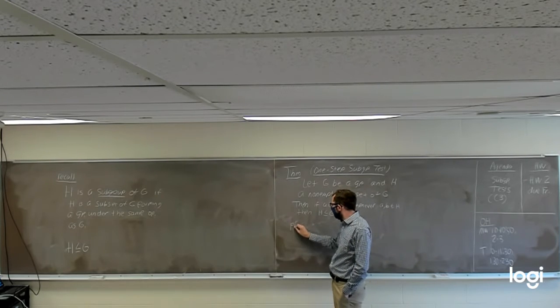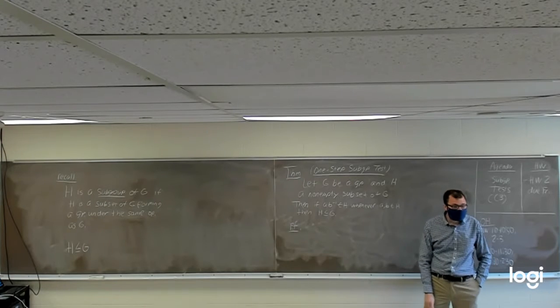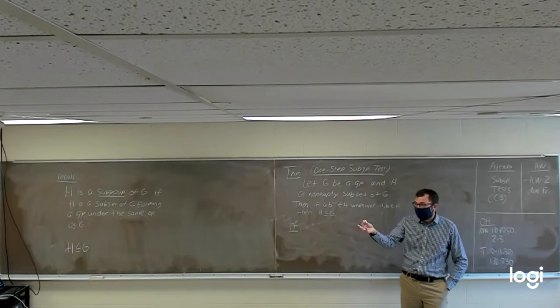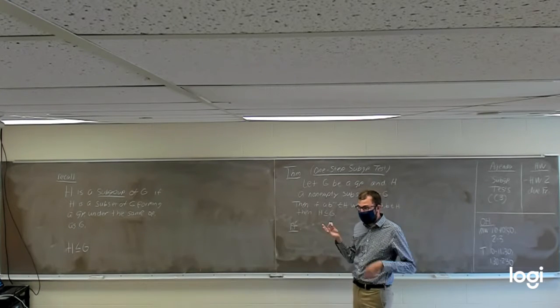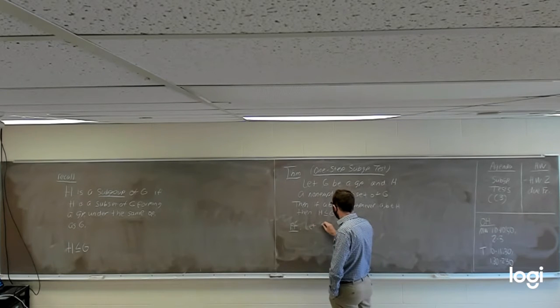So let's see if we can prove this. What should any good proof start with? An introduction, indeed. Let G be a group. We need to introduce the things we're going to be working with. We're going to let G be a group.